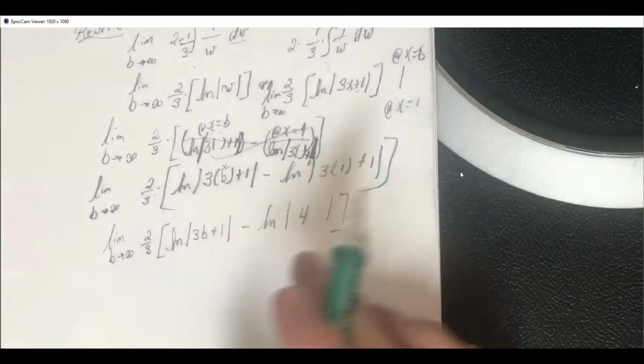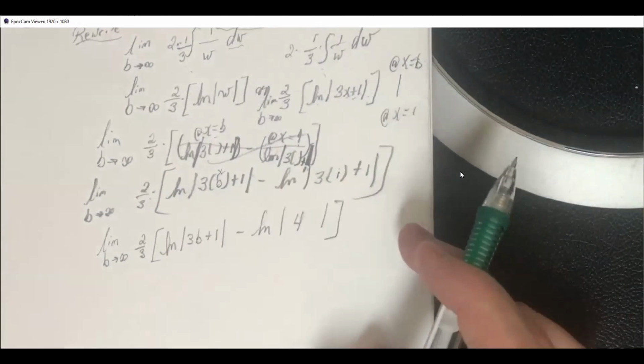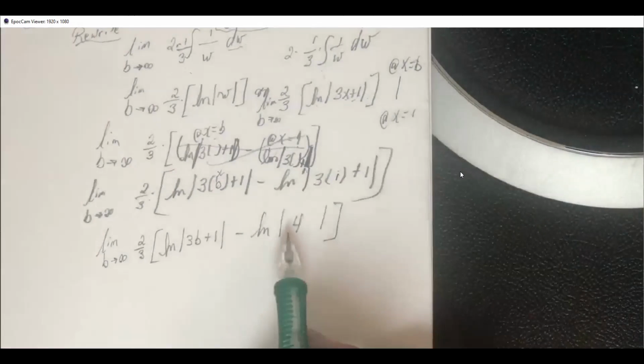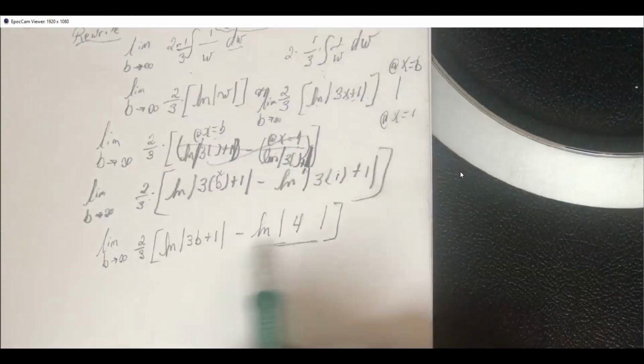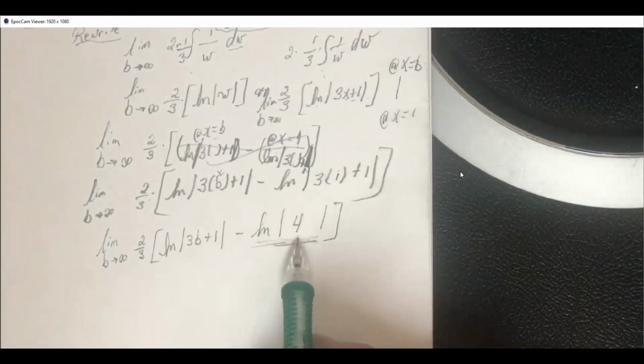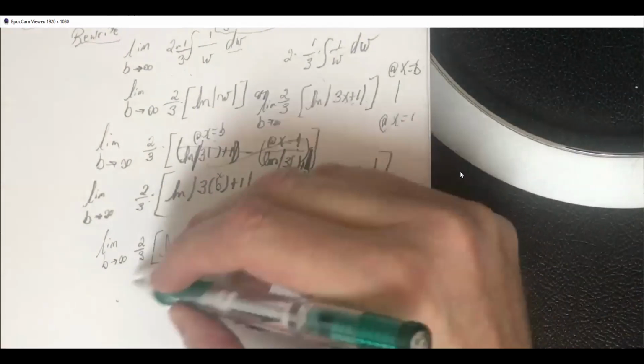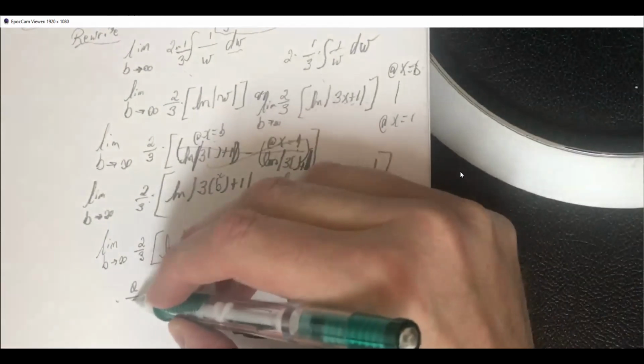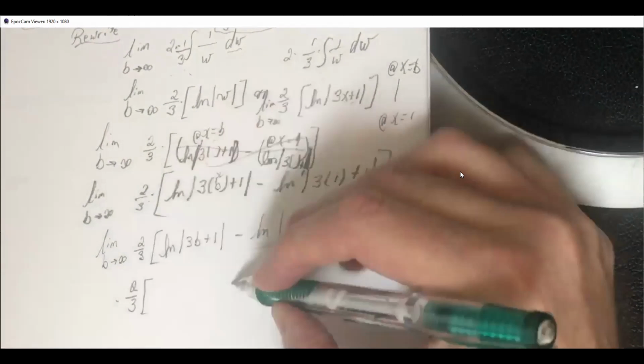And in this case, if it diverges, it would have to be to positive infinity, because the area was above the x-axis. So anyway, is this term right here going to be affected when we take the limit as b approaches infinity? No, just the first term. Yeah, because there's no b here for us to take the limit as b approaches infinity. So this stays the same. So the 2/3 is still waiting.